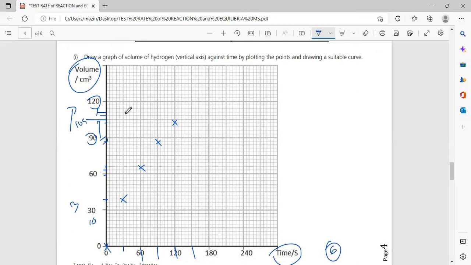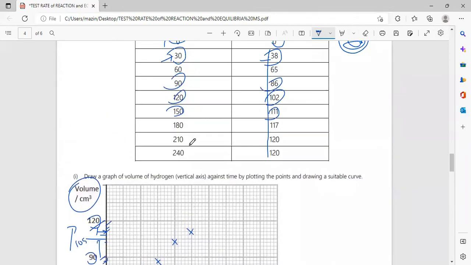Okay, this is there, 111. If you come down, here is 120, then 3 gone, 6 gone and 9 gone. 9 gone from 120, then it becomes 111. It's okay. Then the next reading for 180 and 117.